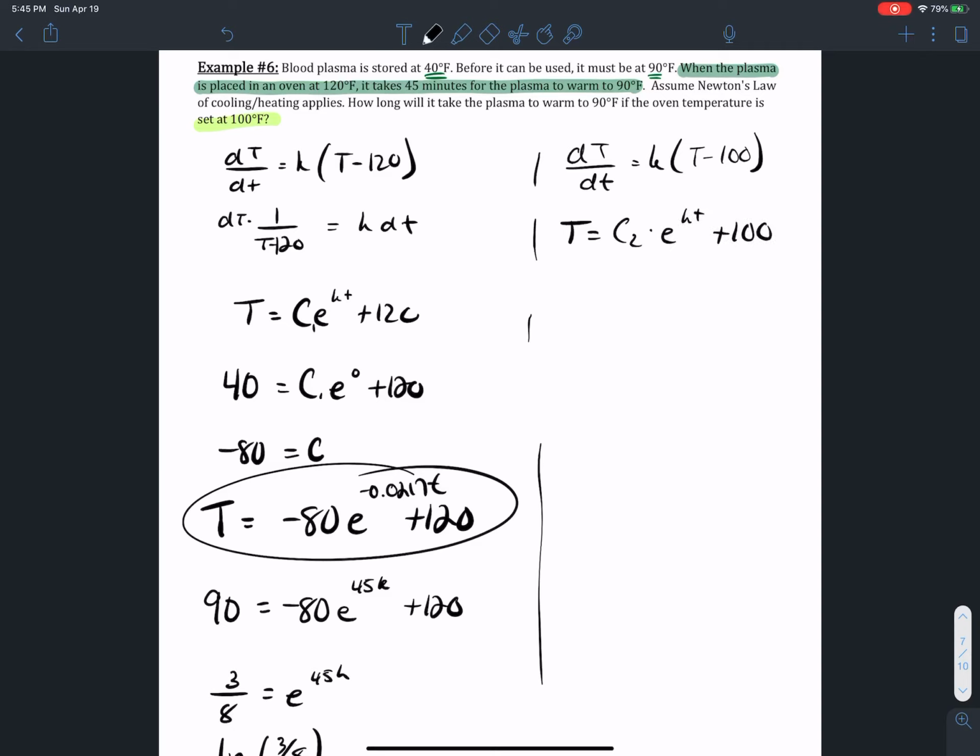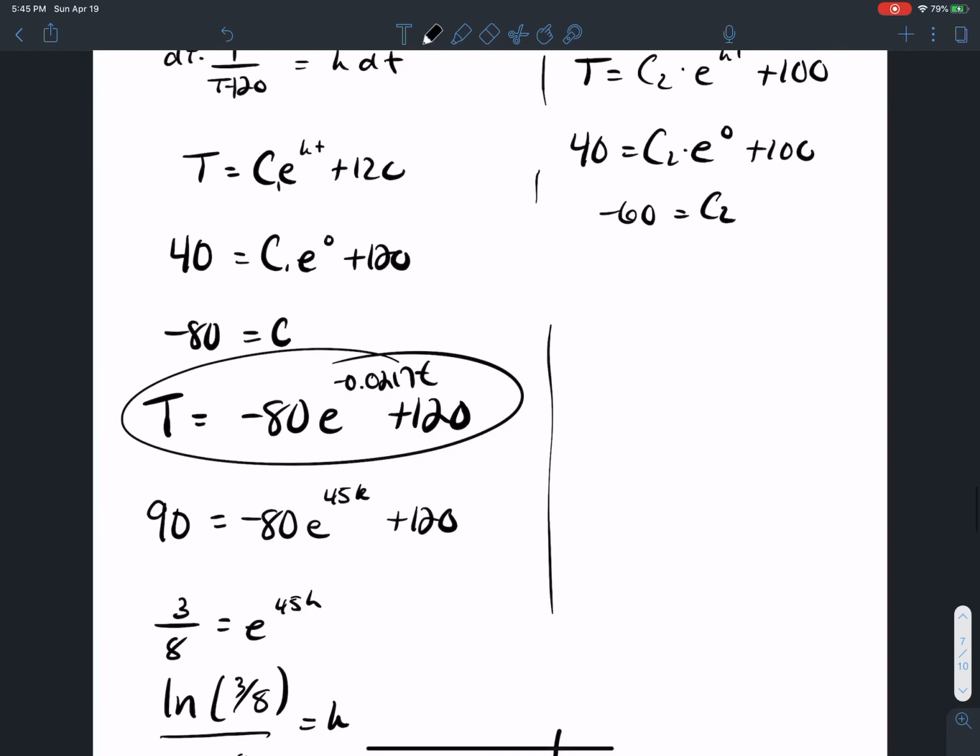And again, with this blood plasma, before it's in the oven, the temperature would be 40 degrees. So it spent 0 time changing temperatures. So I can solve for C2. So then in my model, e to the KT plus 100.